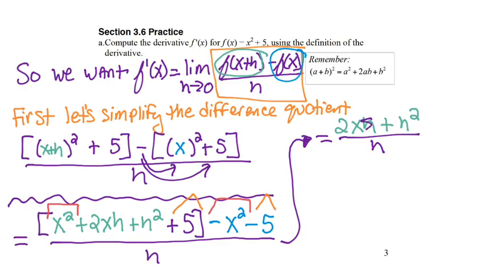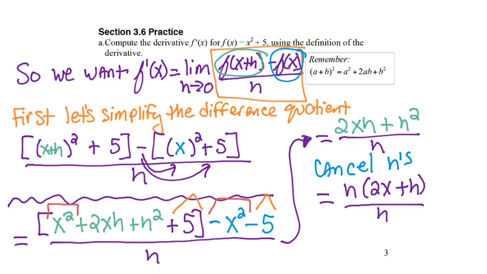Every term has an h in it, which should always happen after you've completed all your canceling. So that means we can actually cancel h's next. One of the best ways to do that is to factor the h out of the top, because this would give me 2xh, which is what was originally there, and h times h is h squared.